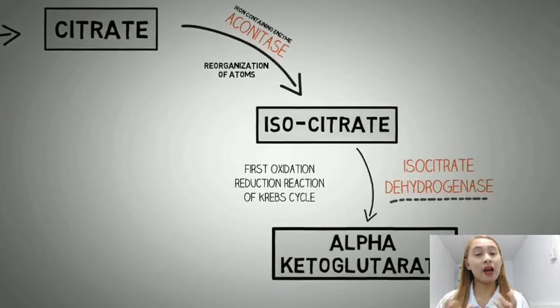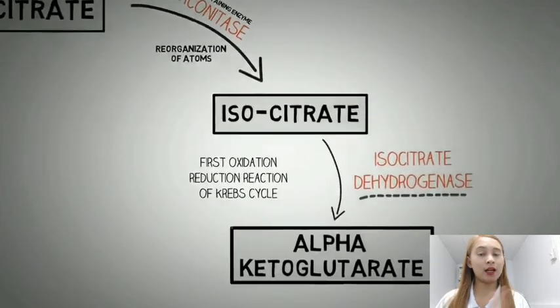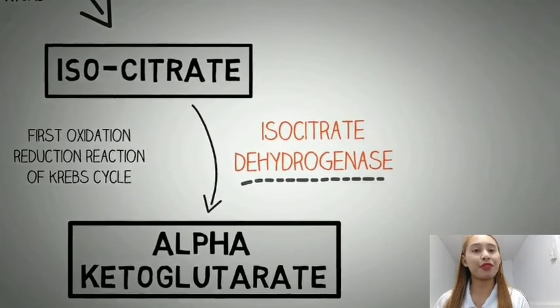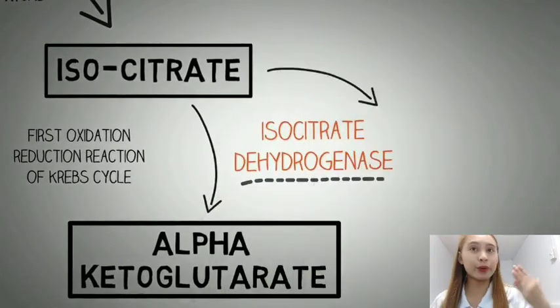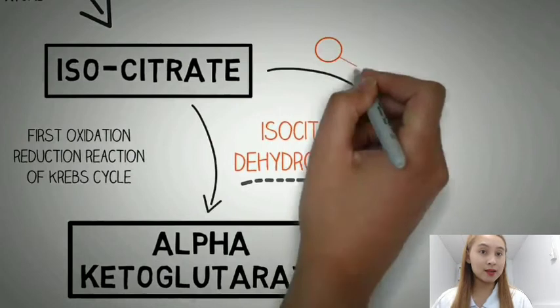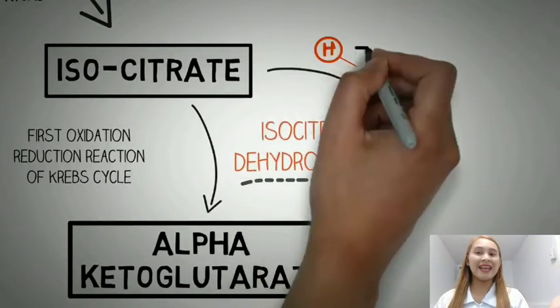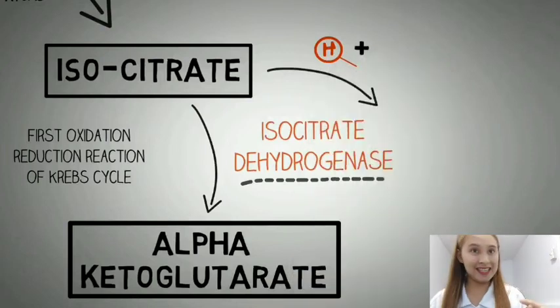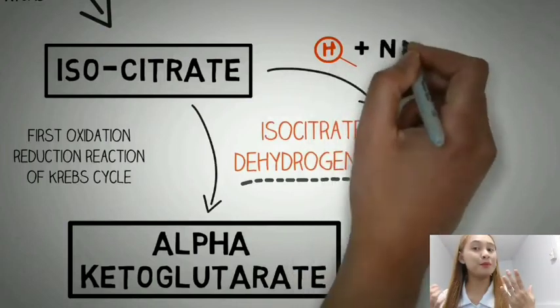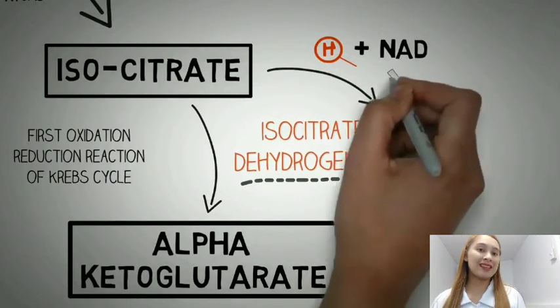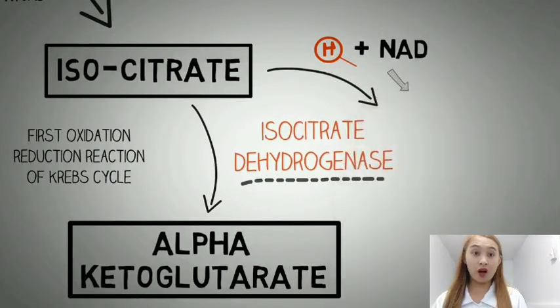So now that we fully understand the job description of these dehydrogenases, in the case of step 3, the hydrogen that is removed from the isocitrate is attached to the, anyone? Yes, to the NAD, making it NADH. So that is also a product of the Krebs cycle.